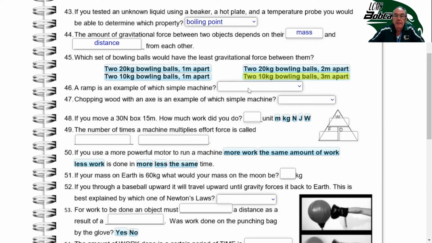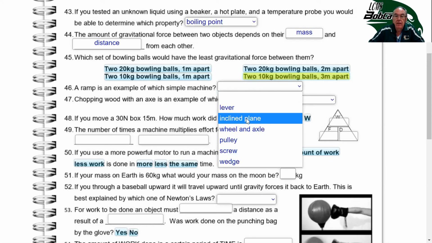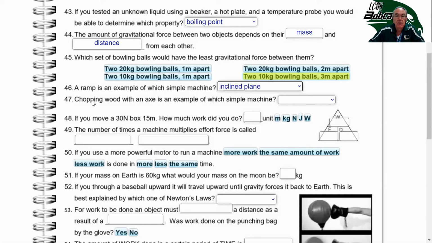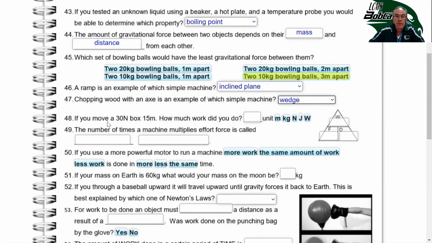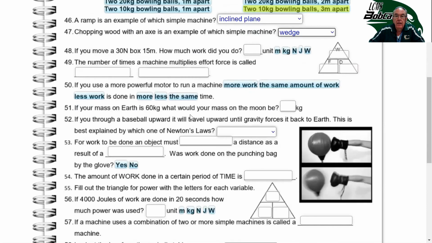A ramp is an example of an inclined plane. Chopping wood with an axe is an example of a wedge. If you move a 30 Newton box a distance of 15 meters, how much work will you do?